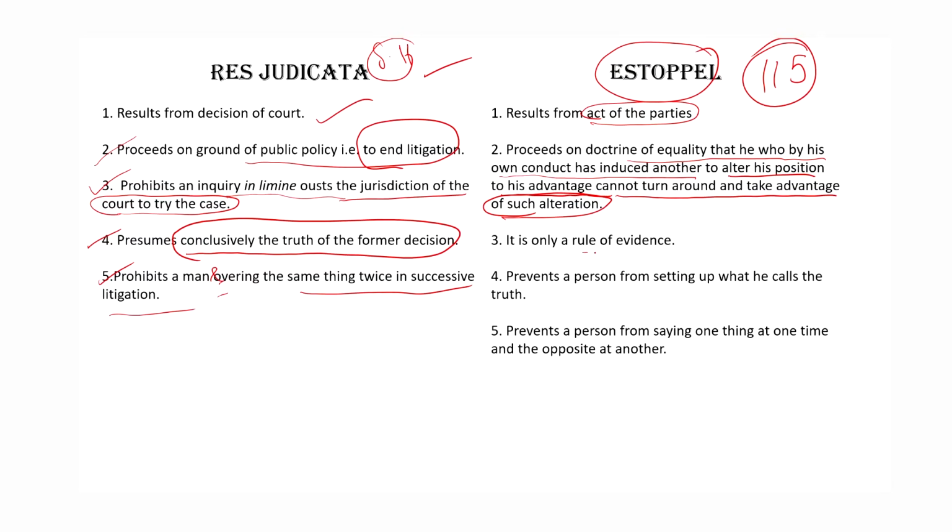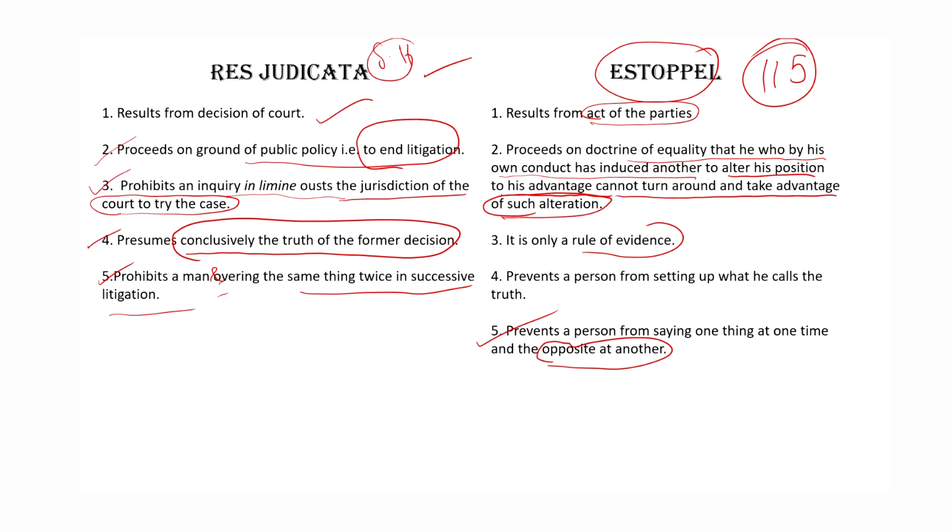So, subsequently I cannot say I did not say this thing. It is only a rule of evidence; it prevents a person from setting up what he calls the truth, and prevents a person from saying one thing at one time and the opposite at another time. It means you cannot say two things at two different times. If I alter my position on the basis of your representation, you cannot go back.